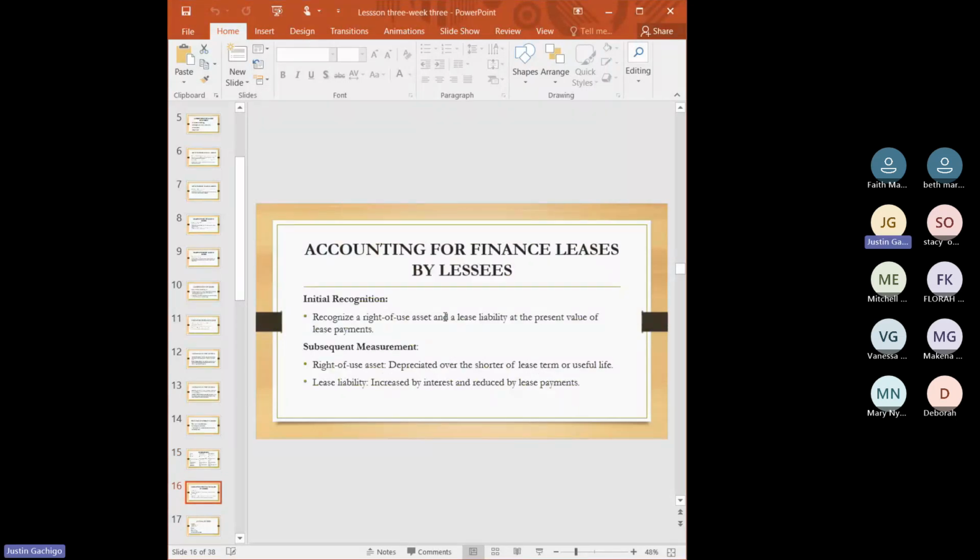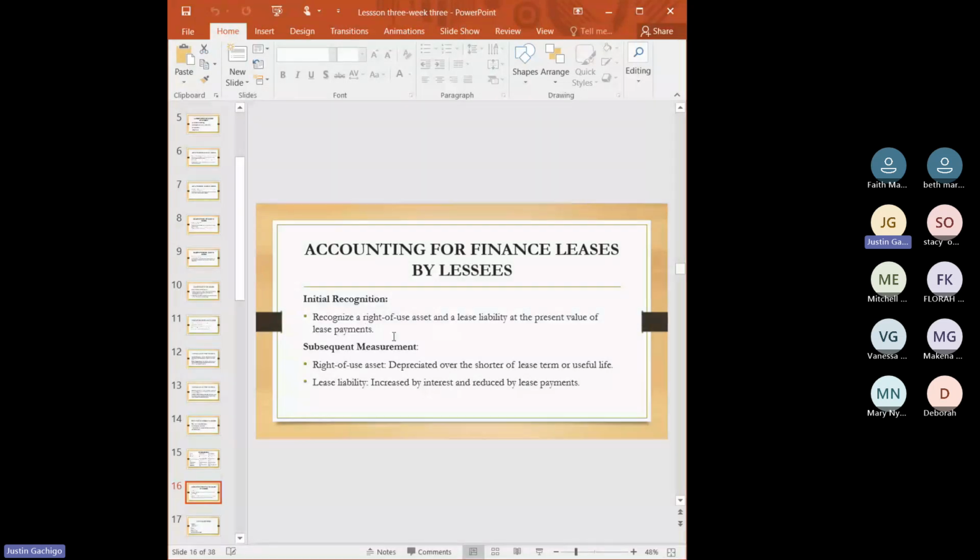Now, how do we account for finance leases by the lessee? This is another important segment where we need to be very keen. Number one, there is something called initial recognition. So recognize the right of use.